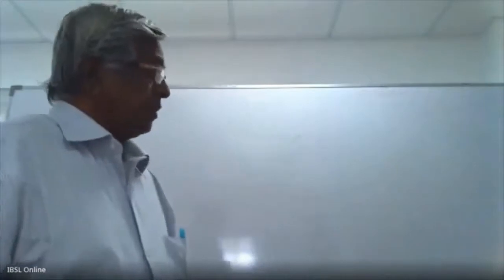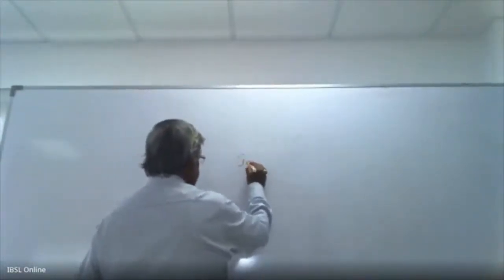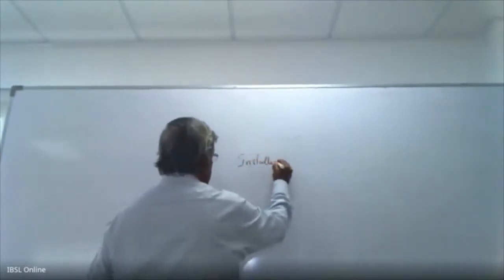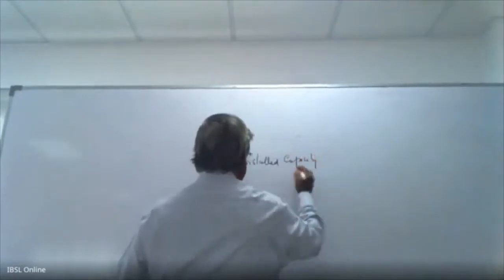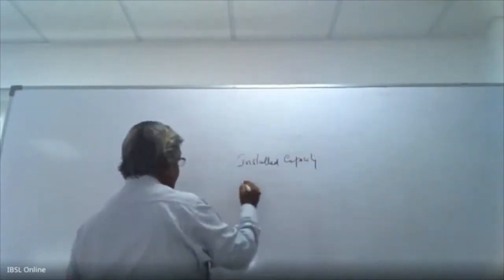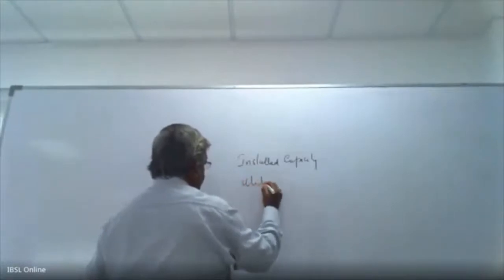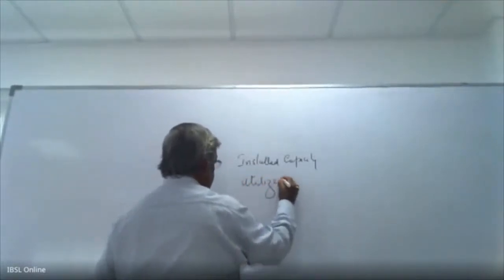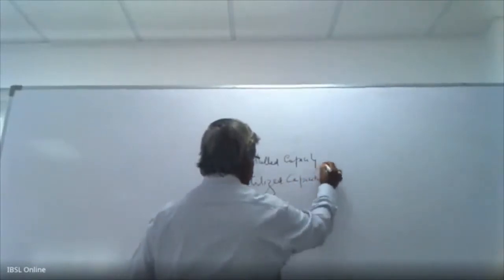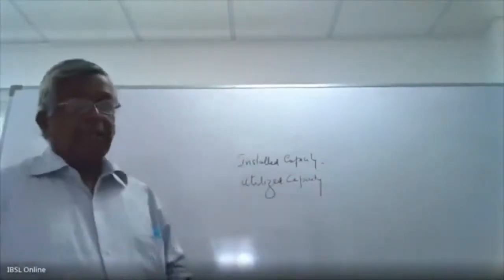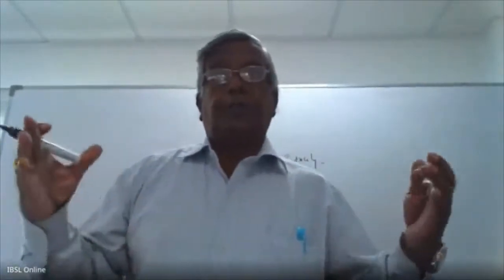And then what is the installed capacity of the machinery? And then there is another capacity, utilized capacity. Installed capacity means the maximum output of production.